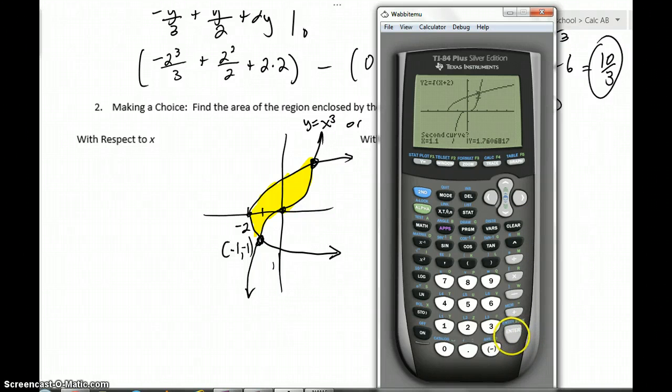Second curve will make the radical x plus 2. We'll say guess. Put your cursor right there. Sure enough, we get a point that's actually not very friendly: 1.214 and also about 1.793 for y.